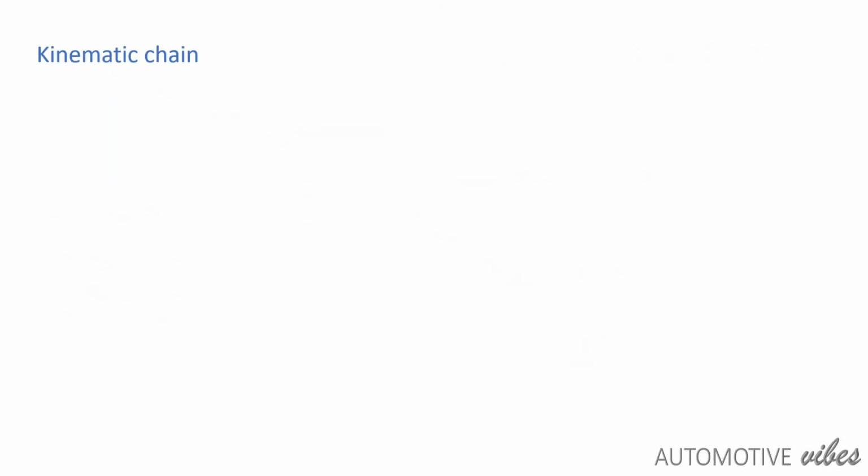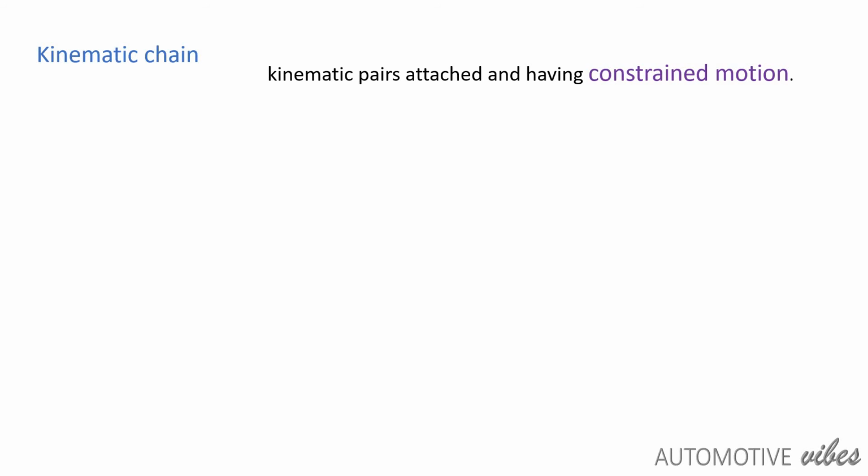Now next we have kinematic chain. What is a kinematic chain? It's nothing but an assembly of kinematic pairs attached in such a way that their motion is completely or successfully constrained, which means input in one pair will affect the other in such a way that we can define the effect in the other. Fine.